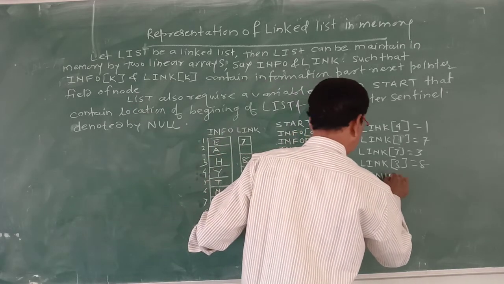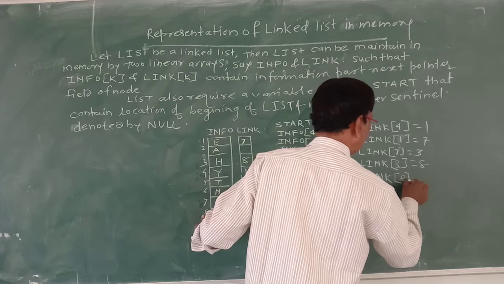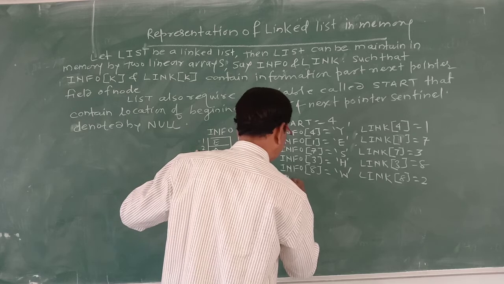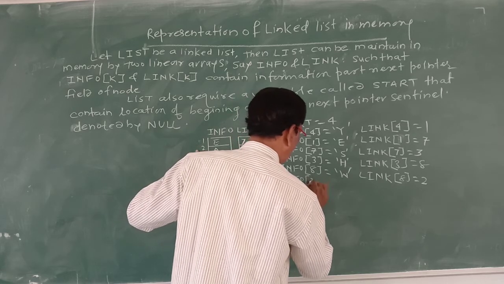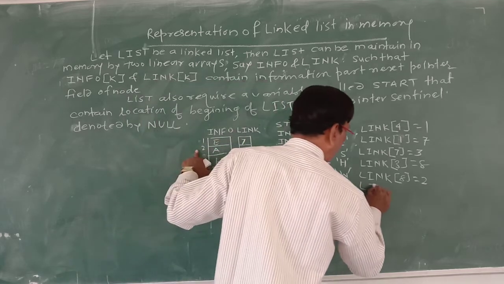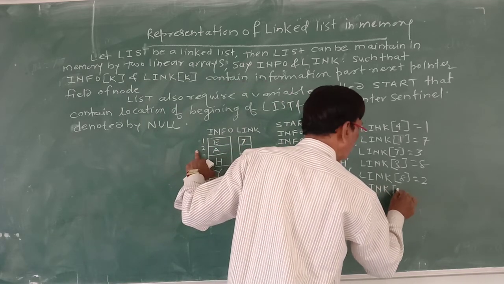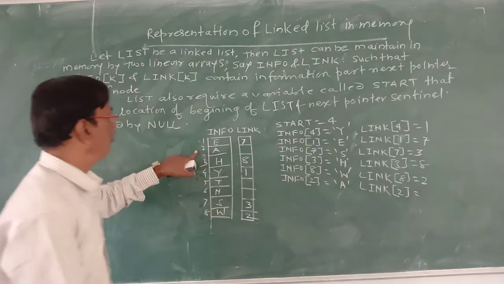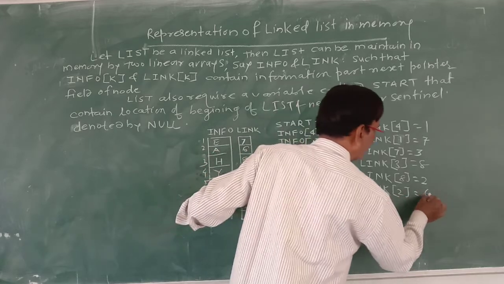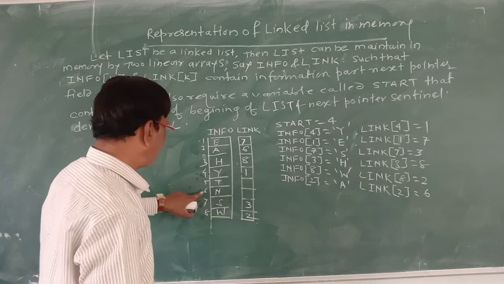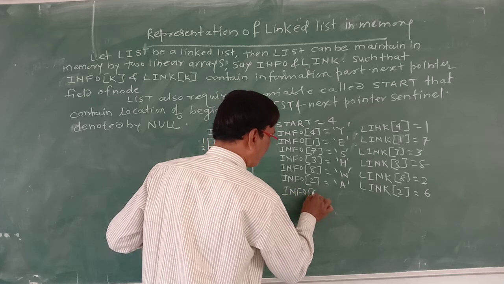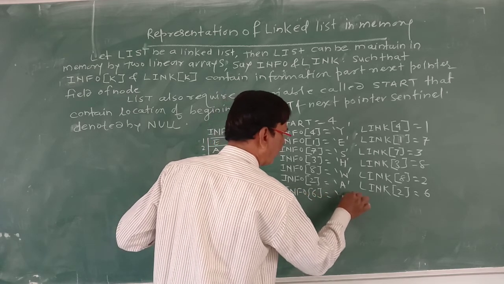Link of 8 is equal to 2. So info of 2 is A. Now link of 2, suppose we are going to N, so it will be 6. Now info of 6 is equal to N.